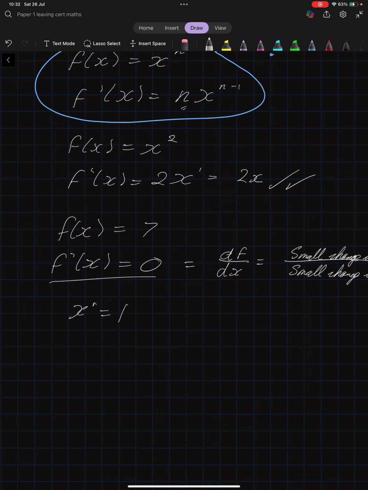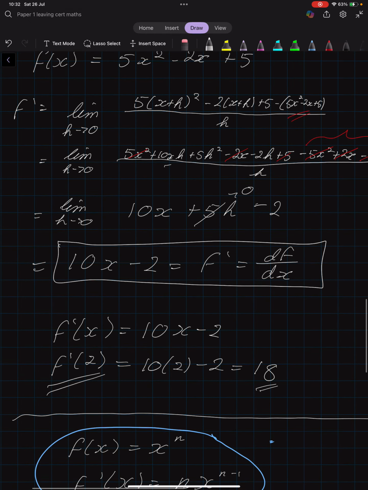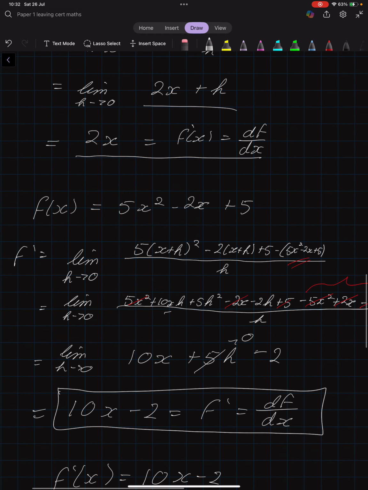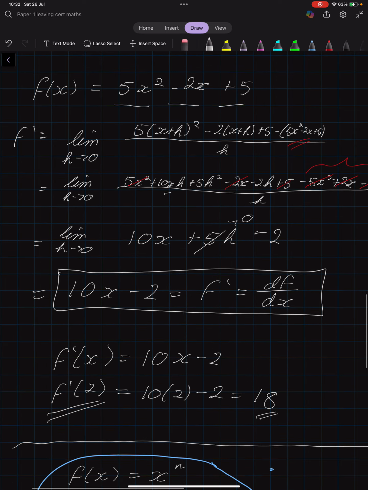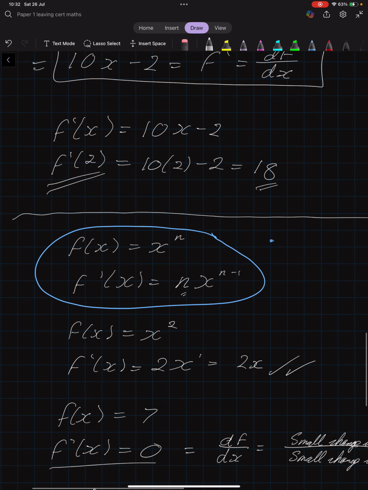Pi, minus 17.2, all these different things. They're just constants because they don't change with x. If we go back up to this example here, this isn't constant, this isn't constant, this is constant. Because it's just plus 5. It doesn't matter what x is. You always add 5. Okay, and that's that.